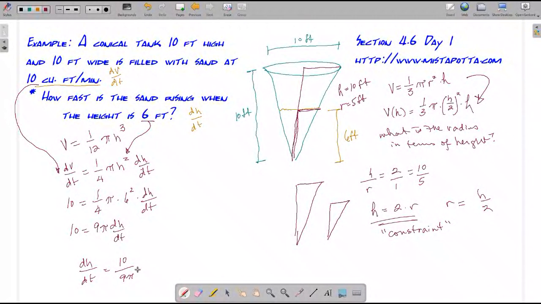Now remember, this is a solution. So what I need to do now is come up with an actual answer. I need to figure out what 10 divided by 9 pi is. And according to my calculator, that comes out to 0.354.